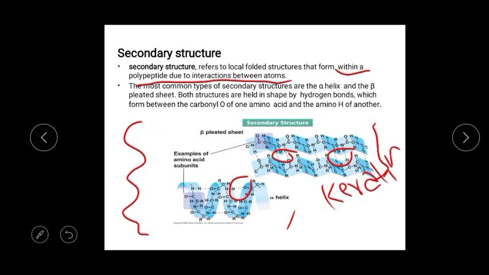That is, an intermolecular hydrogen bond between O and H is there. For example, myosin in muscles is an example of an alpha helix structure.